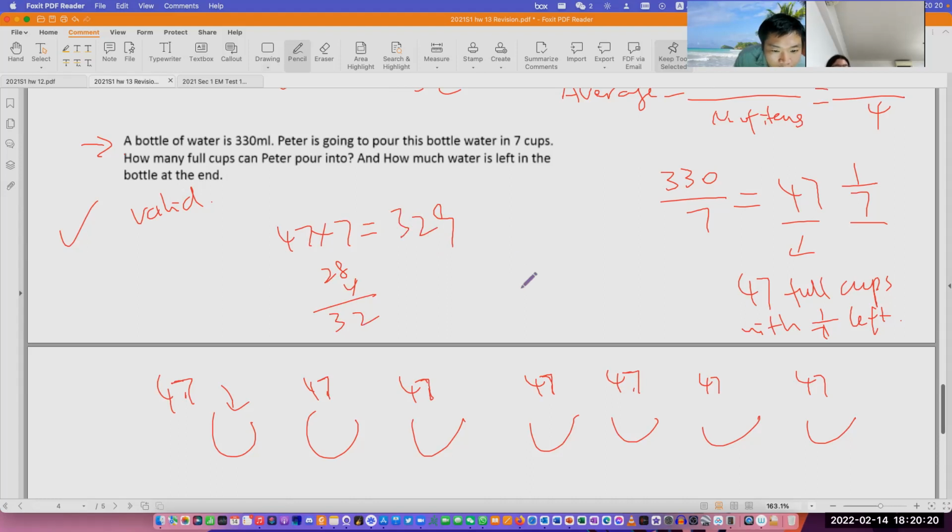So after putting 47 into each cup, you will have 330 milliliters minus the 329, which equals 1 milliliter left. A lot of students say they have 1/7 left, which is not right. It should be 1 milliliter left.